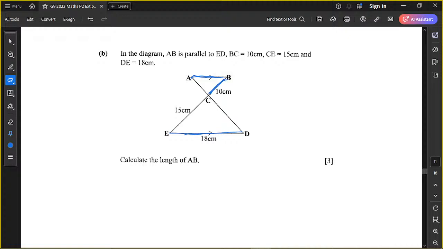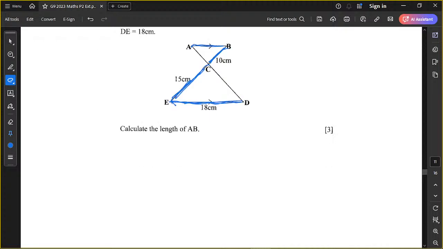Then CE is equal to 15 centimeter, which is this line. And DE is equal to 18 centimeter. So this is the line which is parallel to AB. Now the question is, calculate the length of AB.